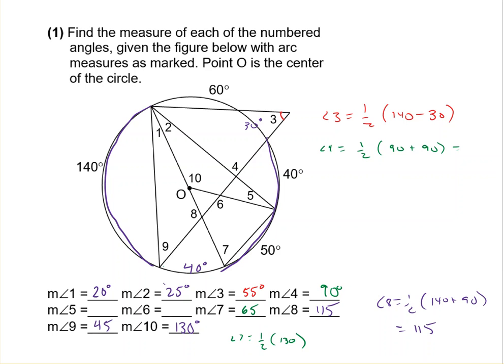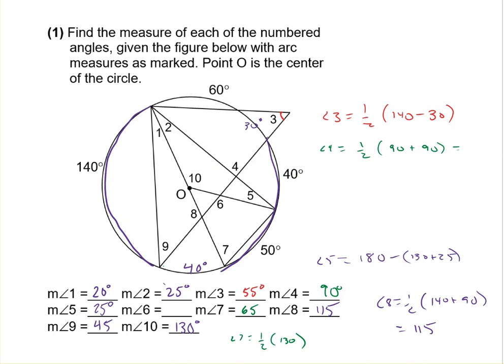So if angle 10 is 130 and angle 2 is 25, I can say that angle 5 must be 180 minus the sum of those two angles, which was 130 plus 25. I think that's 155. So I'm thinking that's going to be 25.